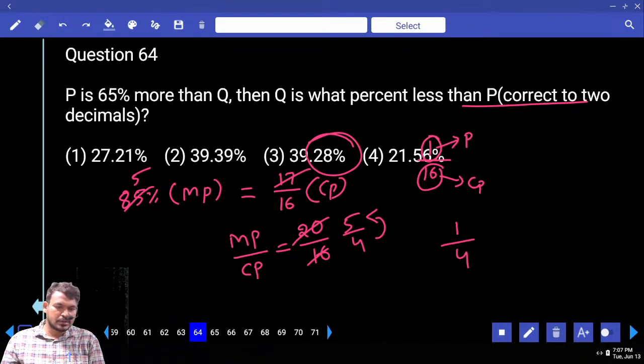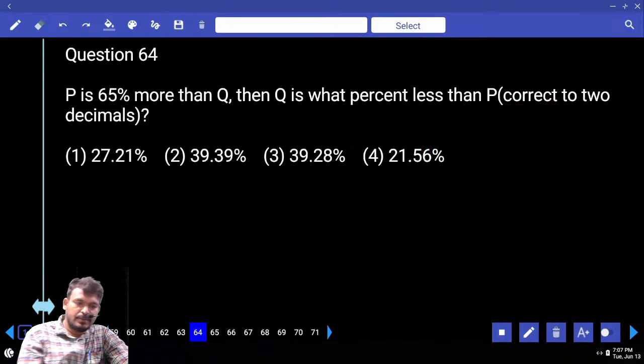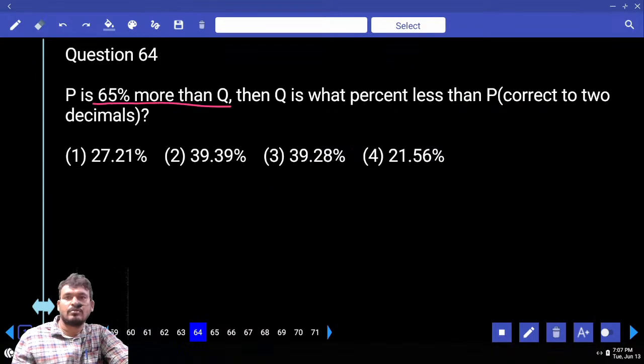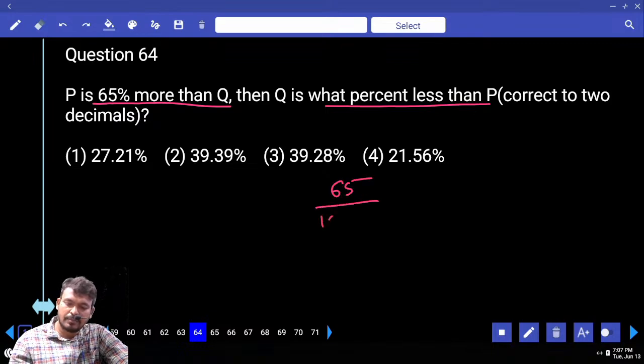Next question, number 64. P is 65% more than Q, then Q is what percent less than P? P compared to Q is 65% more. Then Q compared to P, how much percent is lesser? Then we write 65 by 100 plus 65, which one? 100.